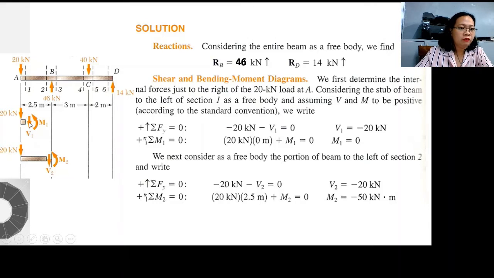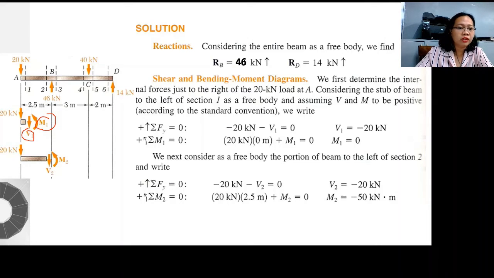So if our beam is to the left, then our positive shear is going down and our moment will be in this direction. This is our convention, positive going down and the moment is going here if our beam is to the left.